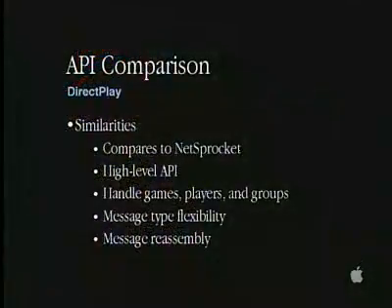So for DirectPlay, some of the similarities would be that the DirectPlay API set compares most closely to the NetSprocket API set. They're both high-level APIs. They both handle things like games, players, groups, and all the basic requirements of passing messages for the game back and forth.